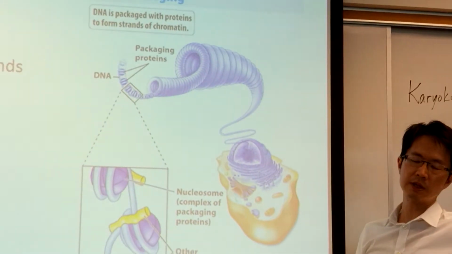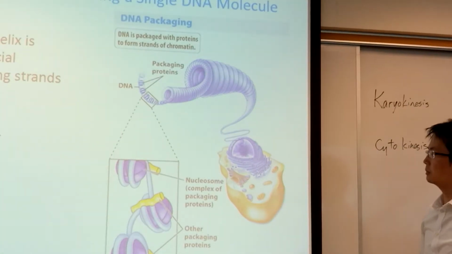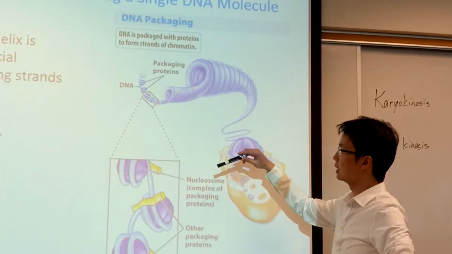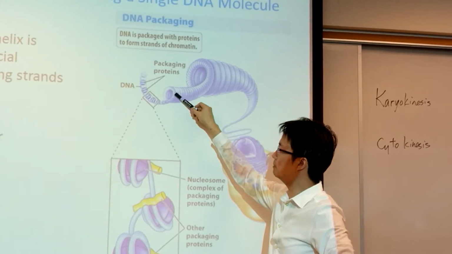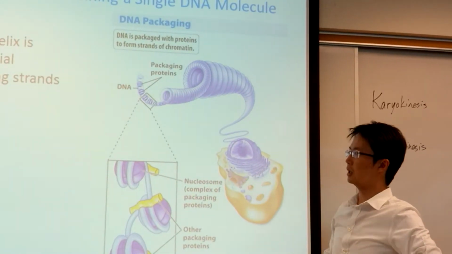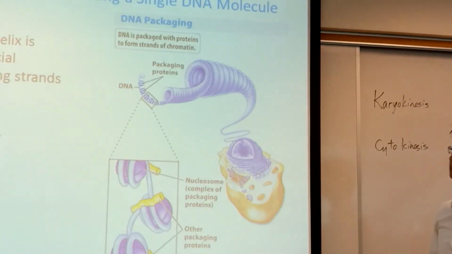The packaging protein is called histone. After it is wrapped around the histone, then you will further coil it up like this to make a form of cord.